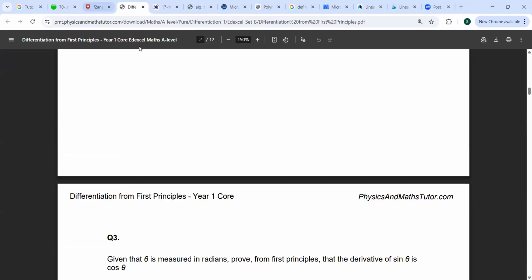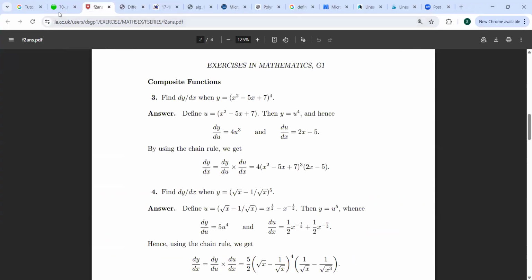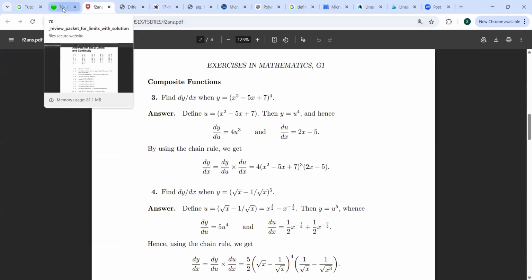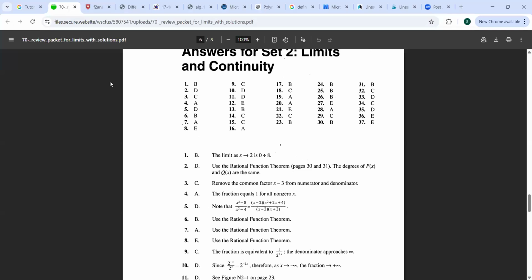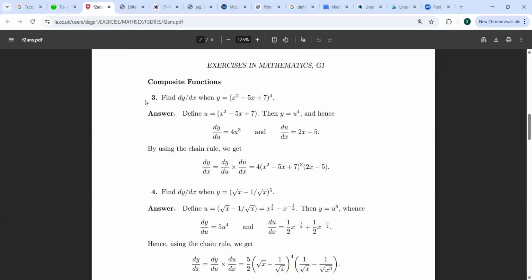So basically, that is what I have for you today. Today we looked at three things. The first one was on limits. The other one was on continuity. And the last one is on differentiation, where we looked at the first principle.